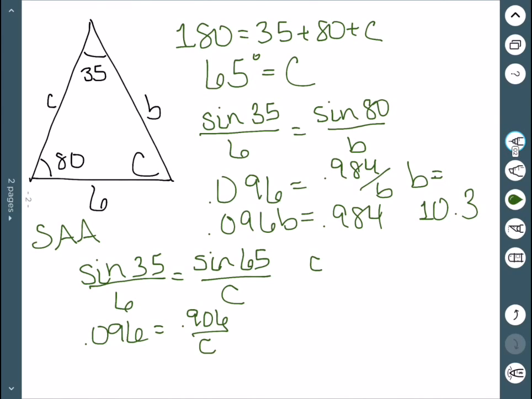Multiplying by C gives me C times 0.096 is equal to 0.906. And then we can solve for C. And we get that side C is approximately 9.48. So now I've solved my triangle.